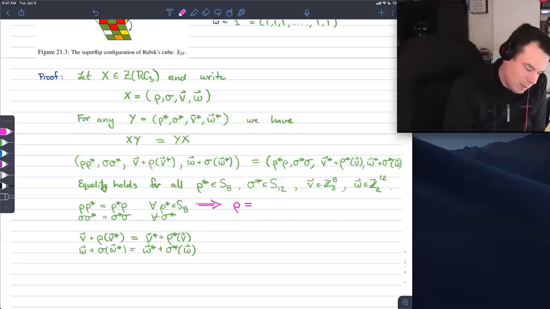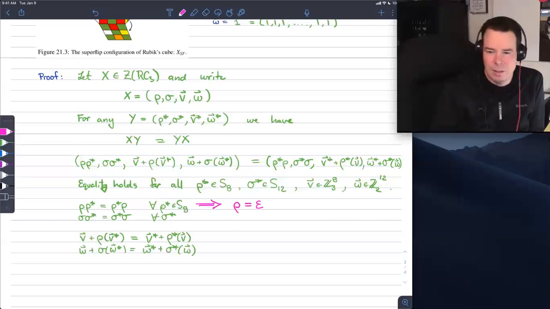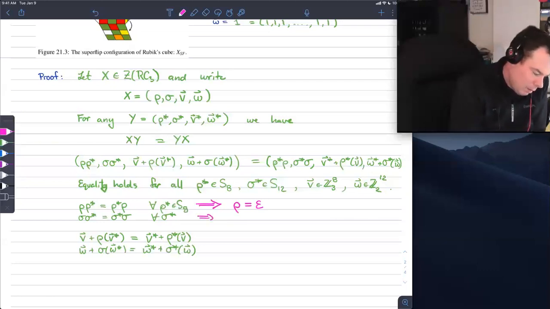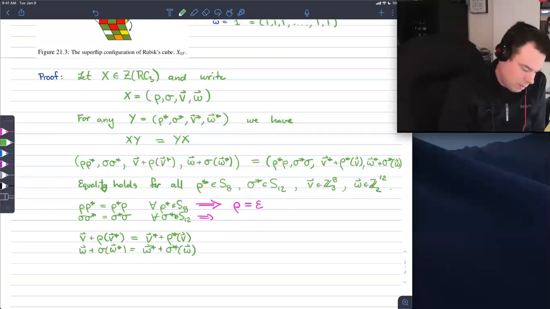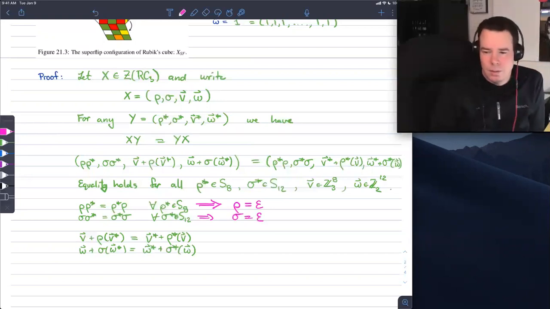It has to be the identity, because if it wasn't, I'd be able to find something that doesn't commute with it. Similarly, sigma has to commute with all permutations in S12, so that means sigma has to be the identity. So right here, we know that if X is in the center, it can't have moved the corners or edges anywhere. It has to be the identity permutation on the corners and the identity permutation on the edges.